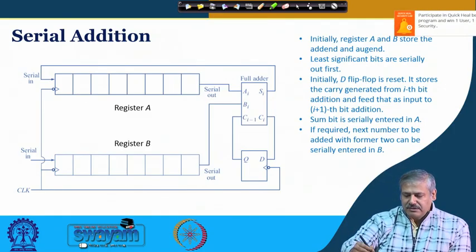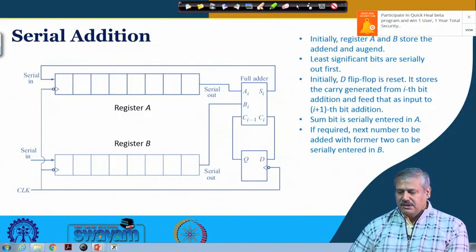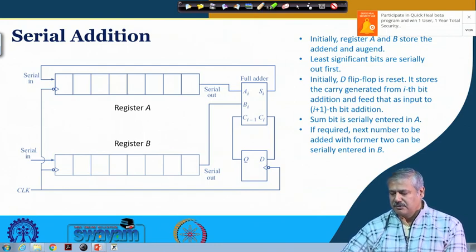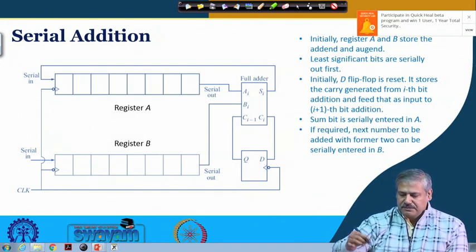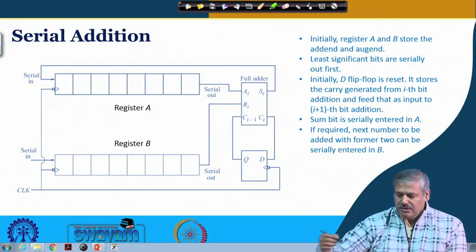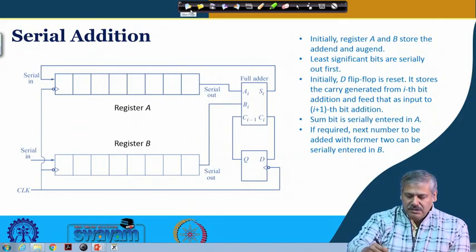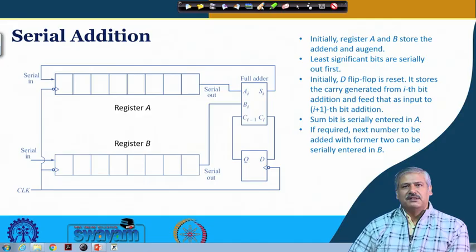So, in serial addition what we have is two shift registers we are putting, register A and register B. In this, the addend and augend are put. And when you are clocking it, it comes serially out.